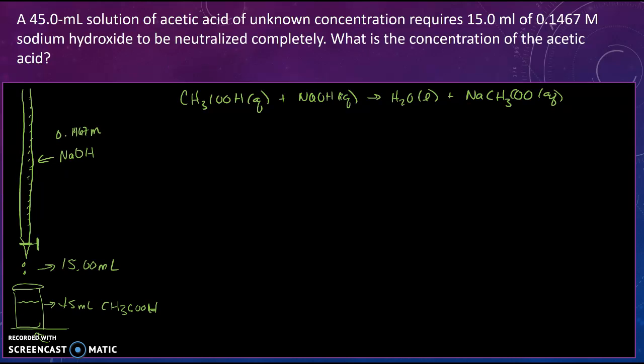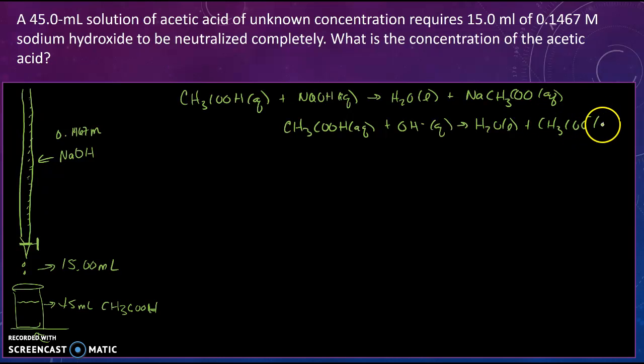So this is a nice 1-to-1 ratio, and if you look at the net ionic equation, you can see even better. CH3COOH, so that's acetic acid, and then hydroxide is going to react with that to form water plus an acetate ion, CH3COO minus.